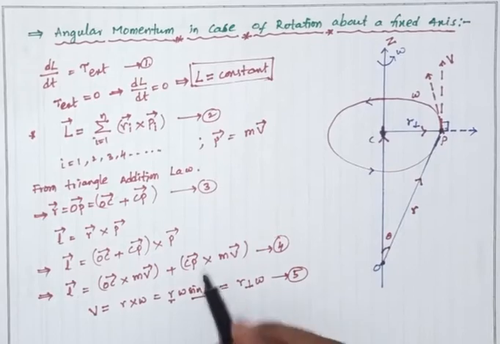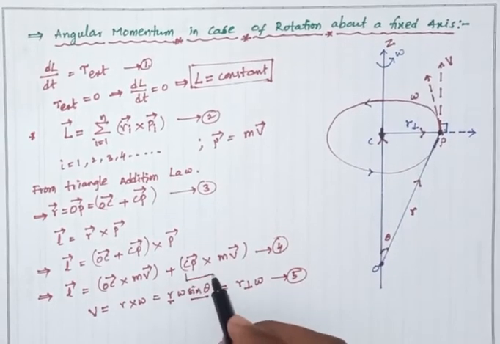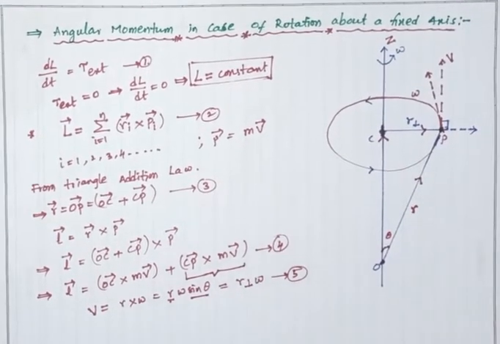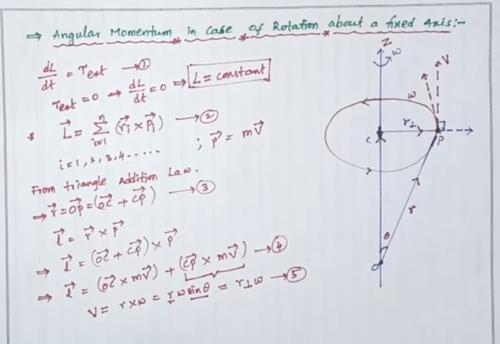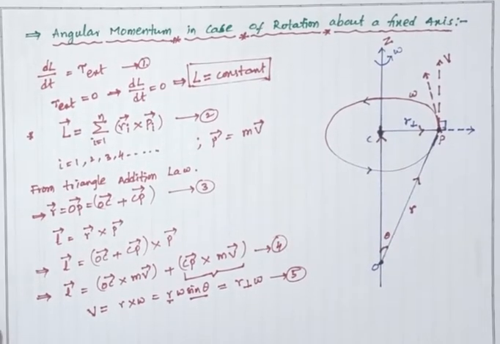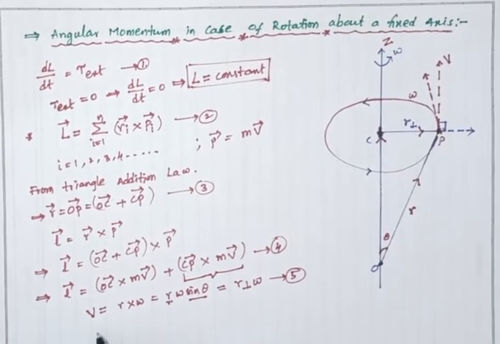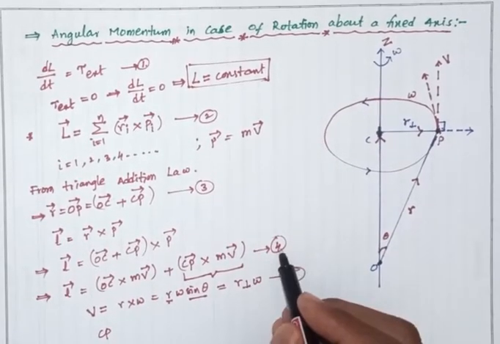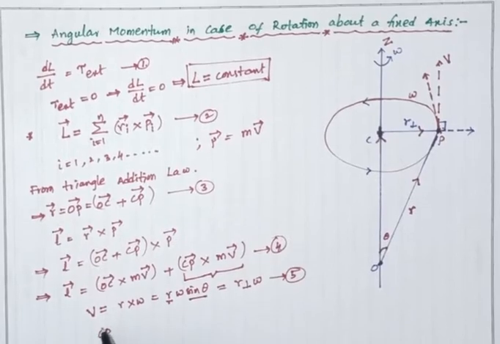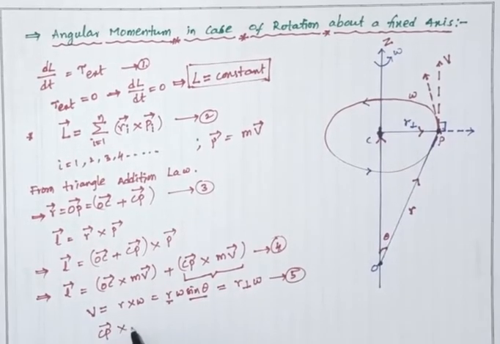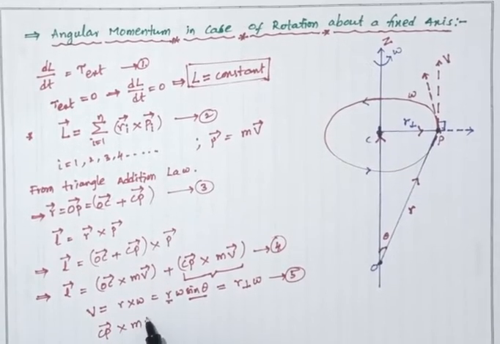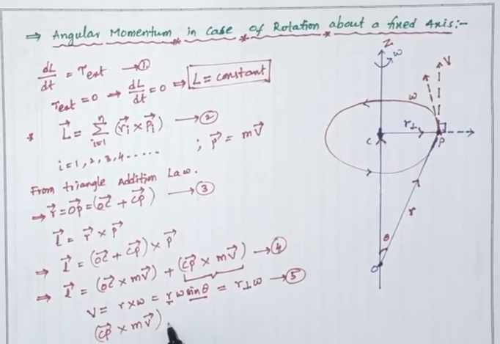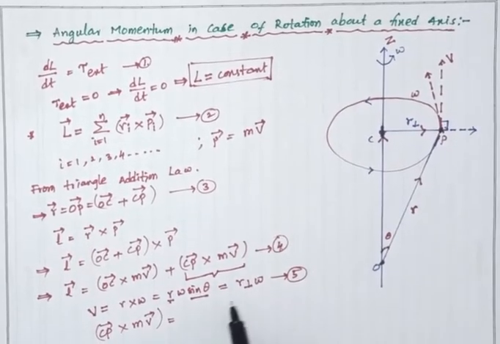Here we consider this term only. CP bar cross mV bar equals to, so what is CP bar?